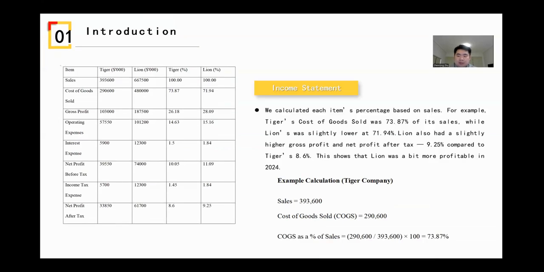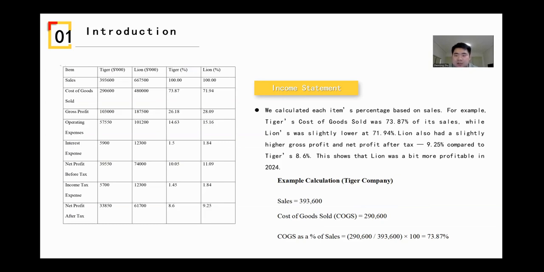So let's start with the income statement. We calculate each item's percentage based on sales. For example, Tiger's cost of goods sold was 73.87% of its sales, while Lion's was slightly lower at 71.94%.